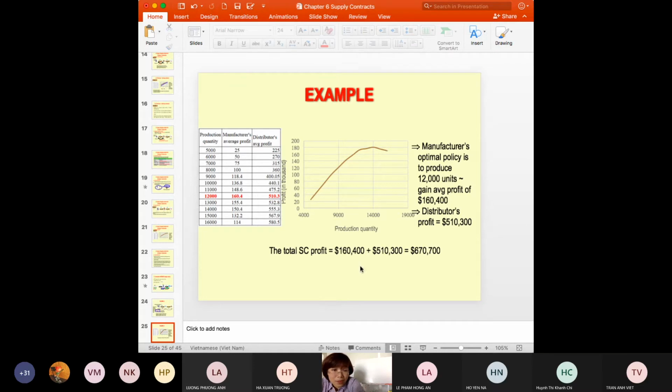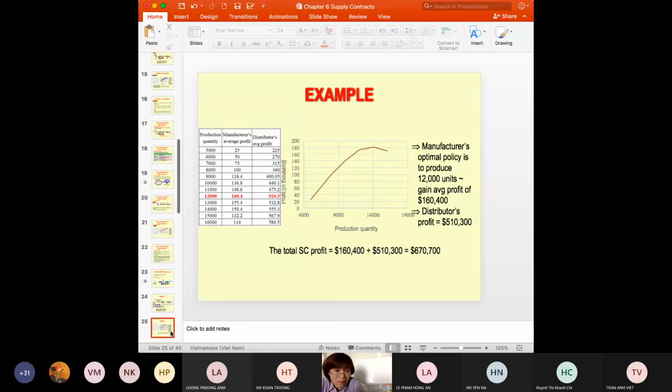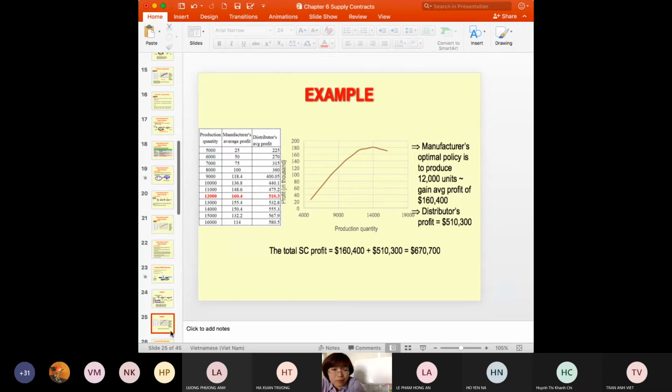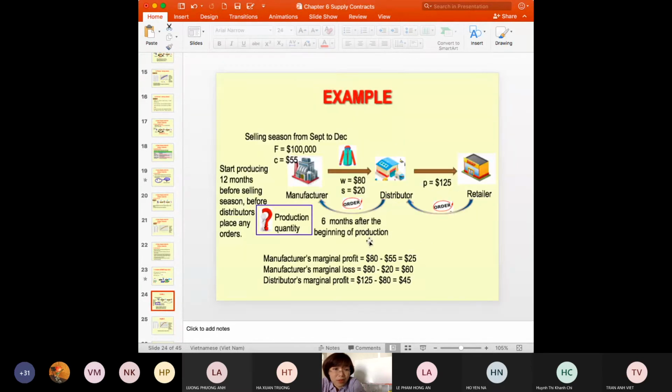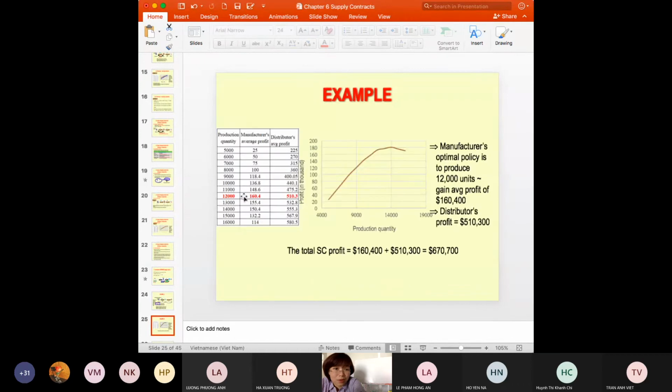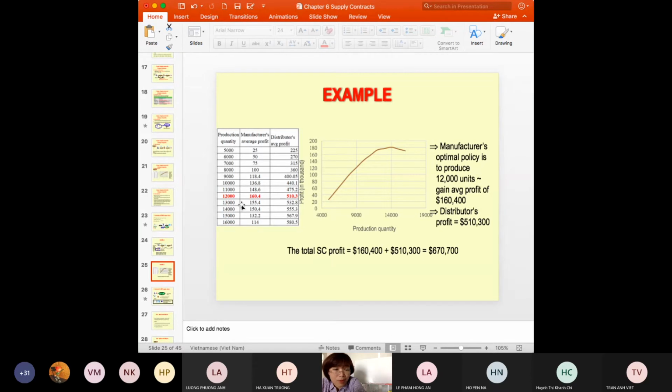But the total profit they can get from this is 670,000. With a situation like this, the manufacturer will decide to produce that number of products and just sell that to the distributor. If they sell more than that, they don't get the optimal profits.